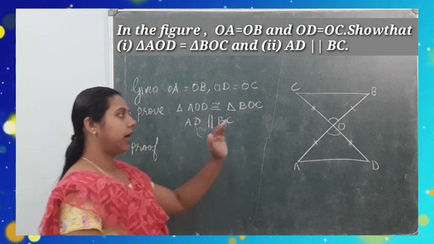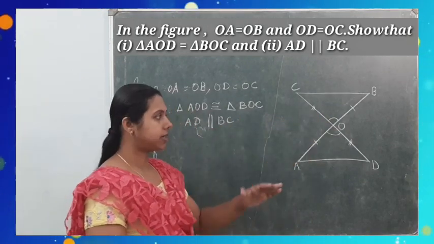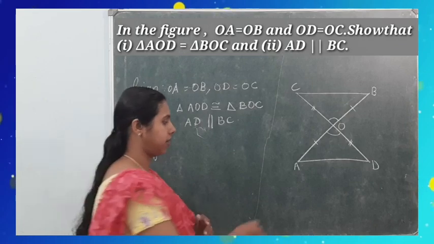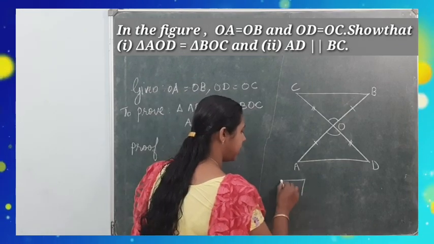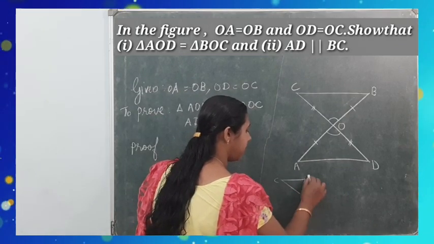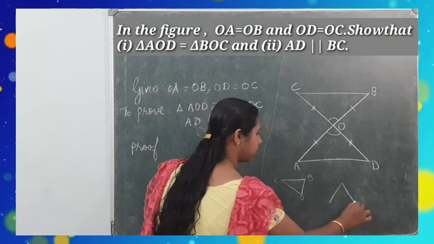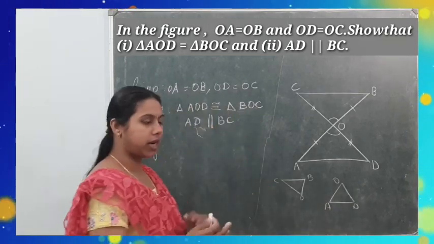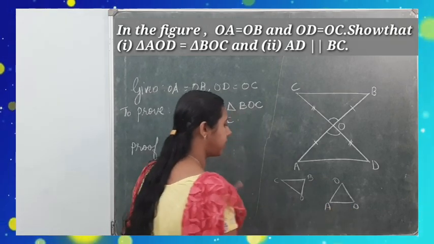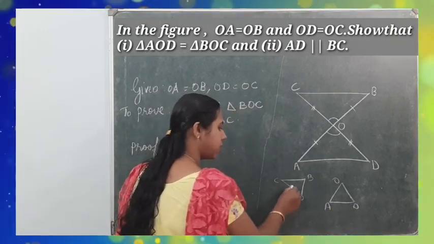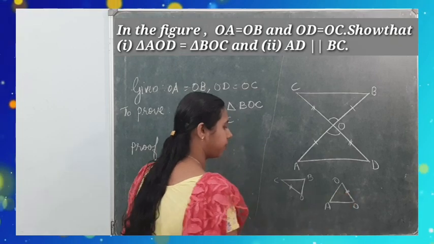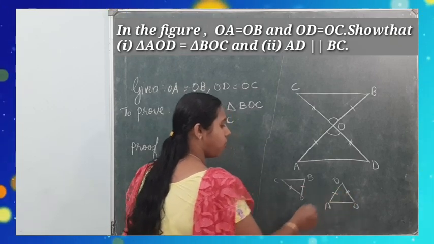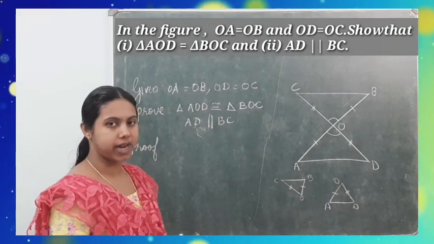When you are considering this figure, separate these two triangles. One is triangle COB, the other one is OAD. Look at these two triangles. Equal things are given: CO is equal to OD, OA equal to OB. Two corresponding sides are equal.